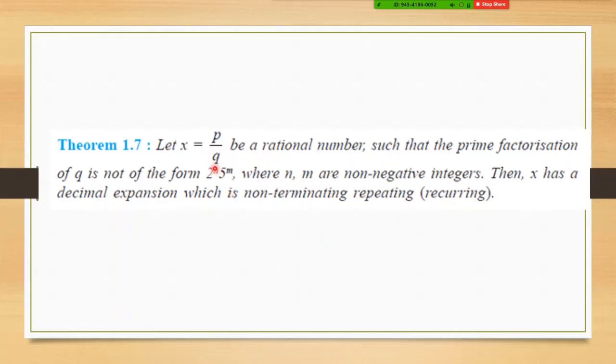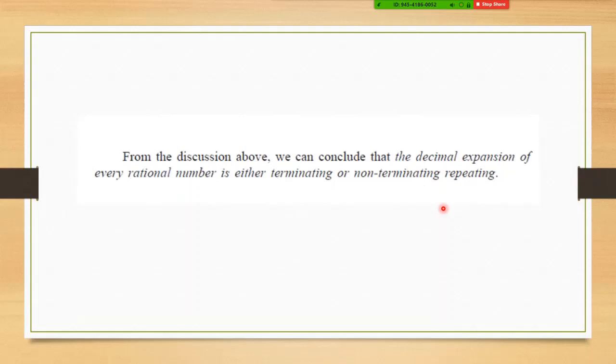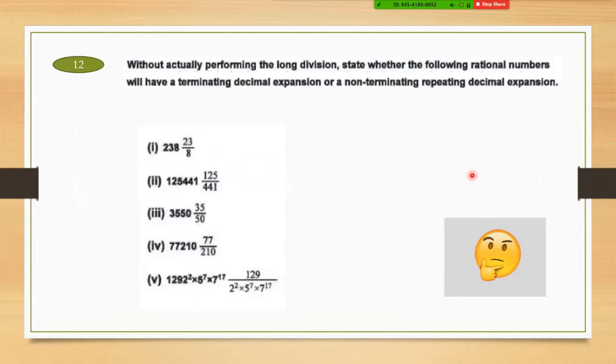If q is not of that form, it is non-terminating but repeating. That's it, nothing else to keep in mind. So from the discussion, we can conclude that the decimal expansion of every rational number is either terminating or non-terminating but repeating. If it becomes non-terminating, non-repeating, it becomes an irrational number.